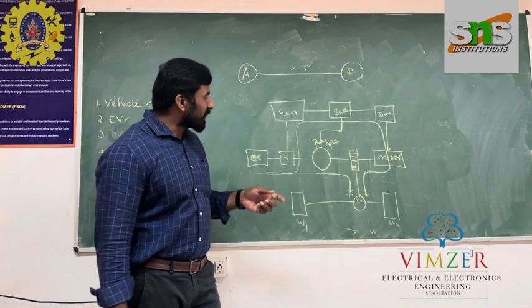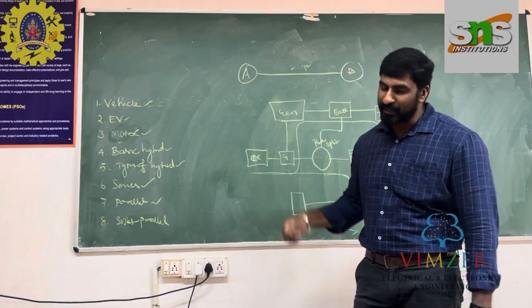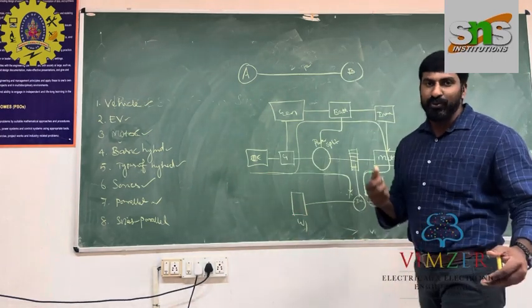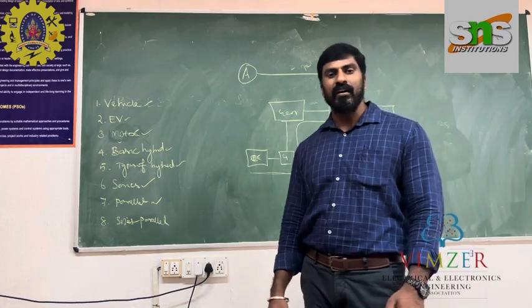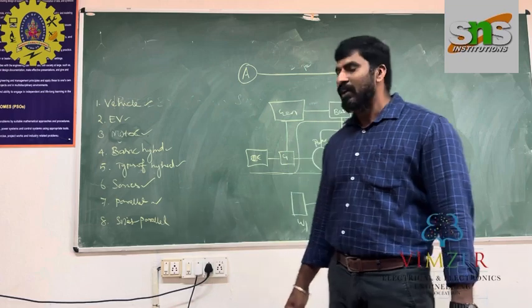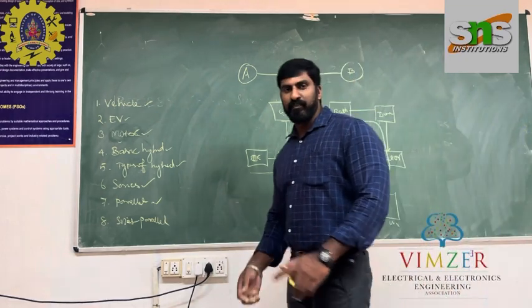If we need the vehicle to run as a parallel hybrid, we can use it as a parallel hybrid. Otherwise, if we need to add more efficiency and give more running torque, we can use the series parallel combination of the hybrid system. So this is how the series and parallel combination systems work.